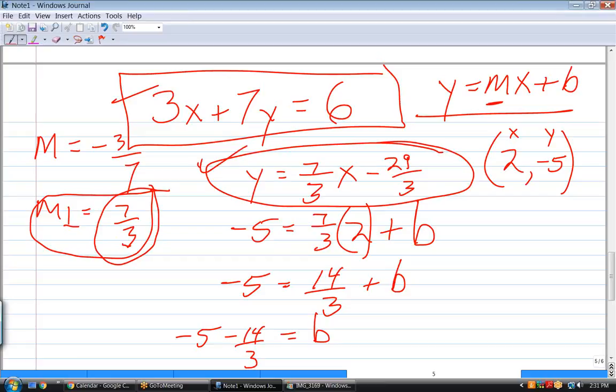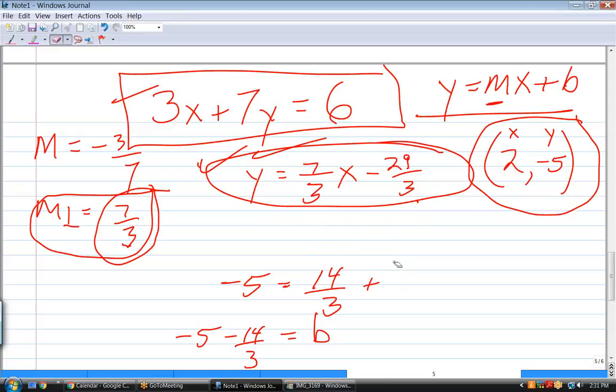And that gave you that equation. And then you had to figure out what b was, because only this b is going to go through that point. If you wanted to check it to see whether or not you really had the right answer, I would plug this point into this equation to make sure that it was a true and valid equation.